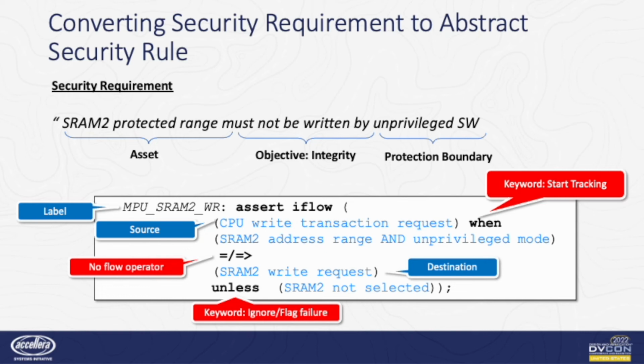A couple of interesting keywords here now. We start tracking it when the request is made to the SRAM2 secure address range, and we're running in unprivileged mode. We also have an unless clause here, which says to ignore this request if the SRAM2 is not selected. So there are certain designs, and this one was one of them, in which the SRAM2 could be selected or could not be selected. So we want to make sure that when the SRAM2 is selected, then the write transaction from the ARM core cannot go into the SRAM2.